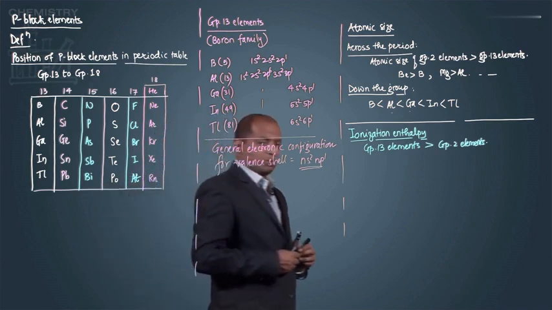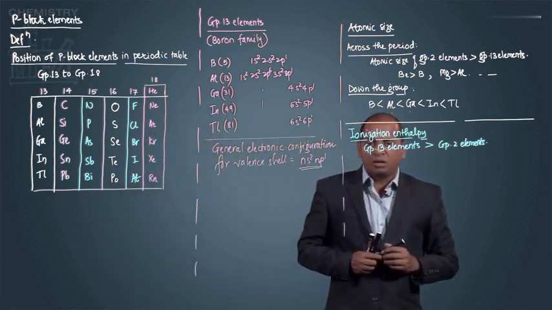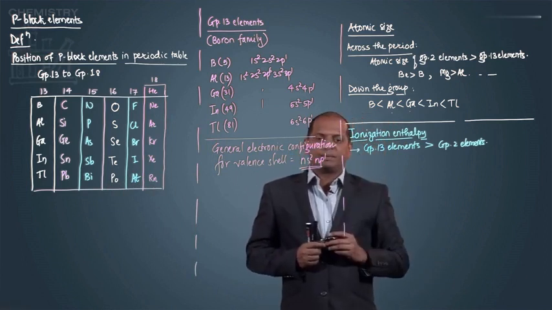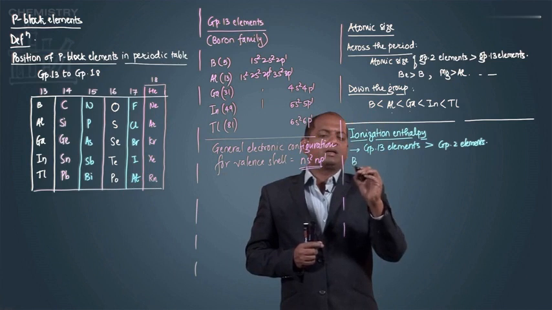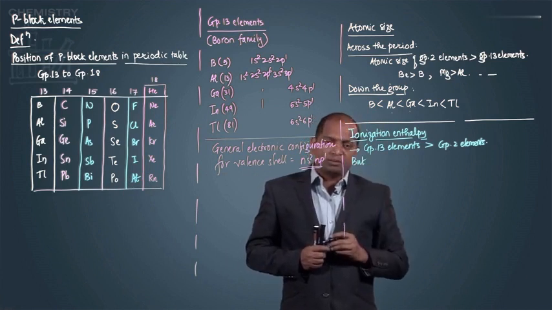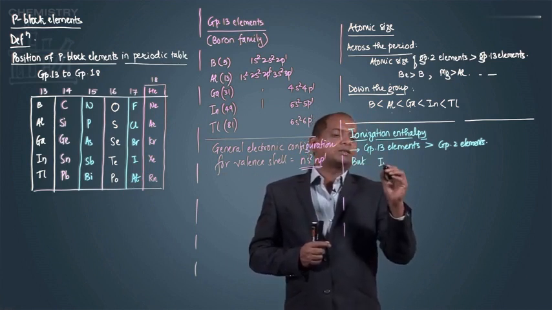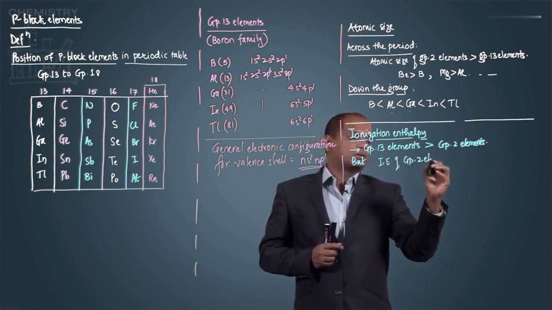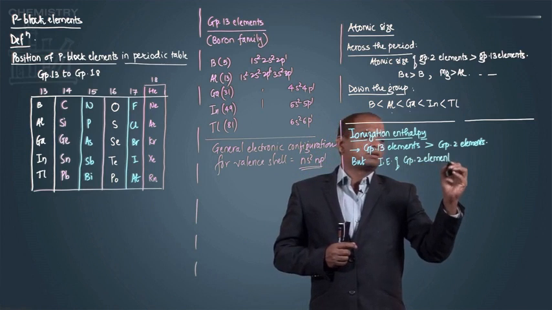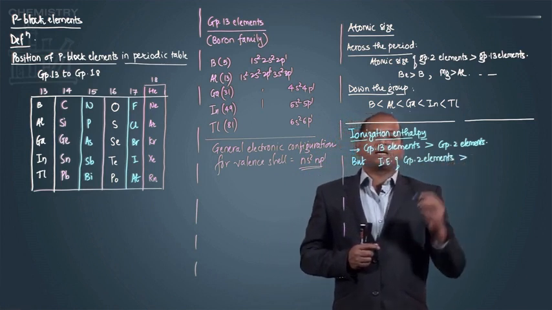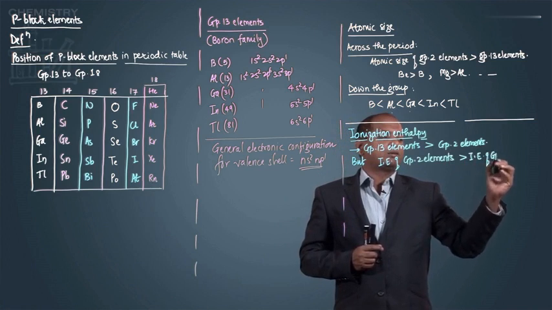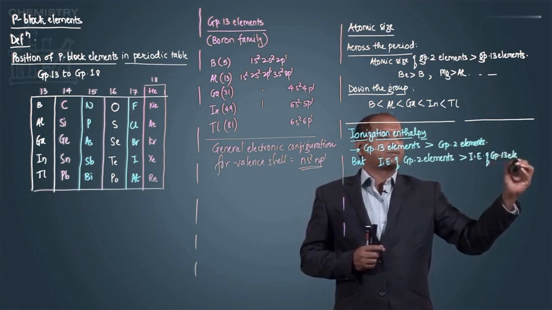But that is not true, because this must be the trend actually, but it is observed that the ionization enthalpy of group 2 elements is greater than that of group 13 elements.